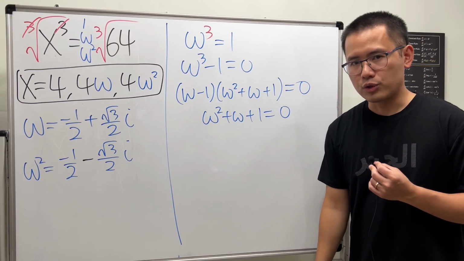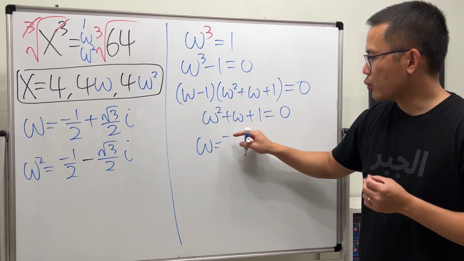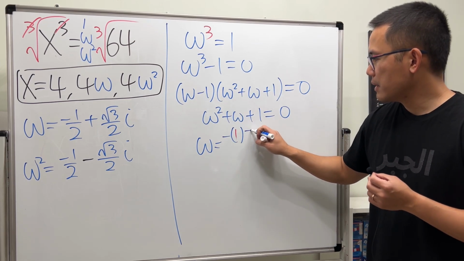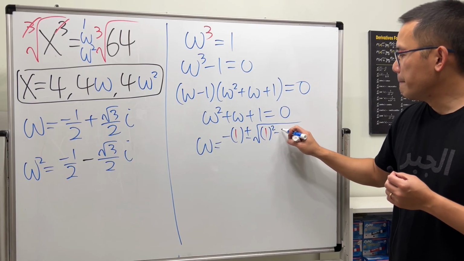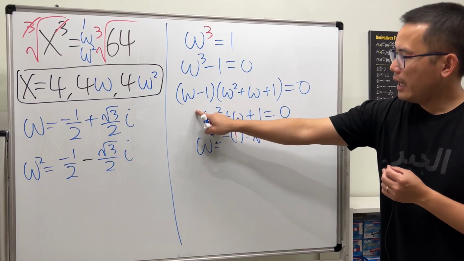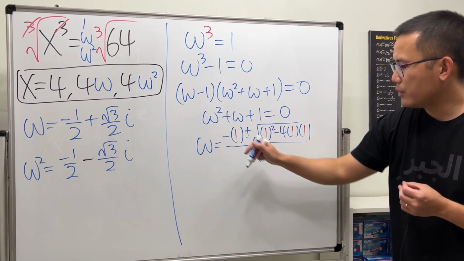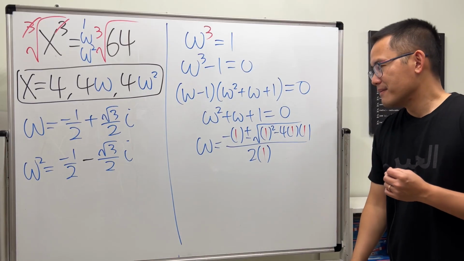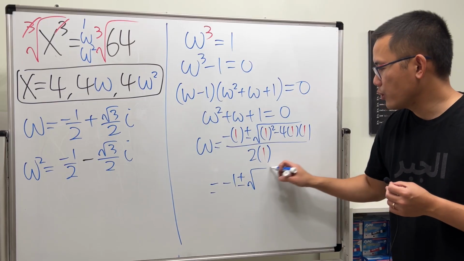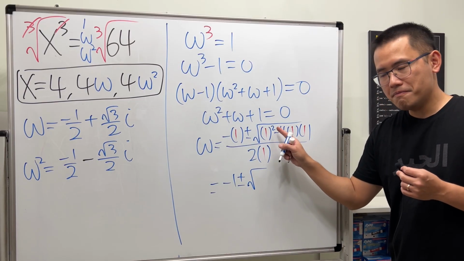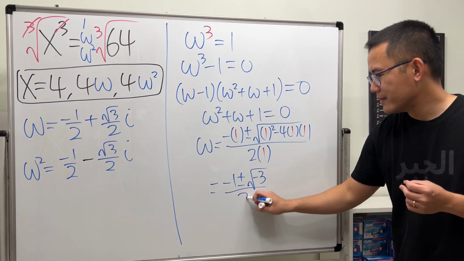And let's just use the quadratic formula. Omega equals negative b. b is 1, so we have negative 1 plus or minus square root of b squared, which is 1 squared, minus 4ac. a is 1, c is 1, over 2 times a, which is 1. And then this will give us negative 1 plus or minus square root of 1 minus 4, so it's minus 3, all over 2.